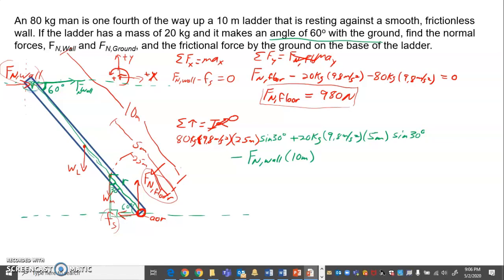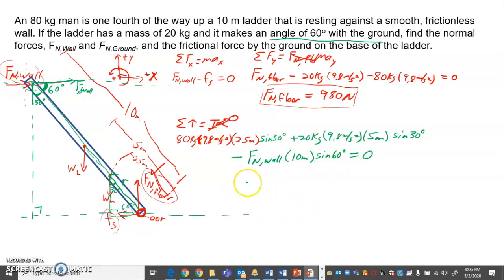Or we could draw a vertical line down here and say that's a 90-degree angle, this is 60, and so this angle right here is 30, and so that means this part right here has to be 60. So there's various ways to do that. That comes out to be a 60-degree angle, and so then that's equal to 0.